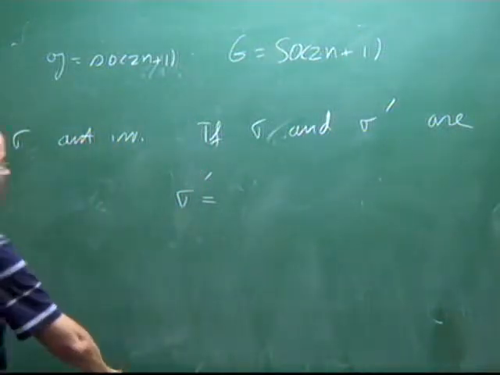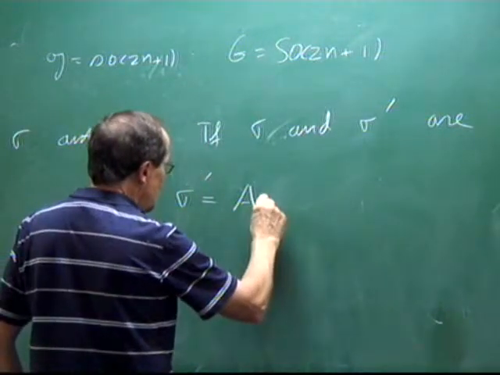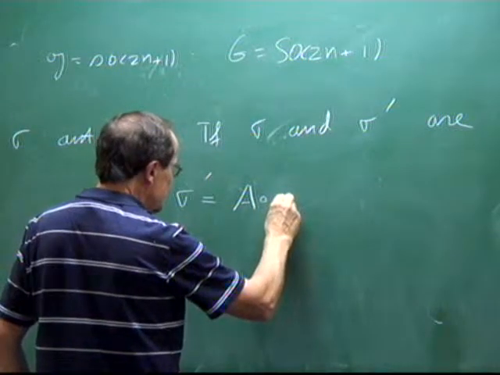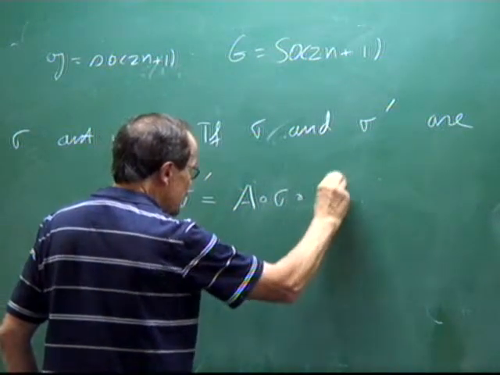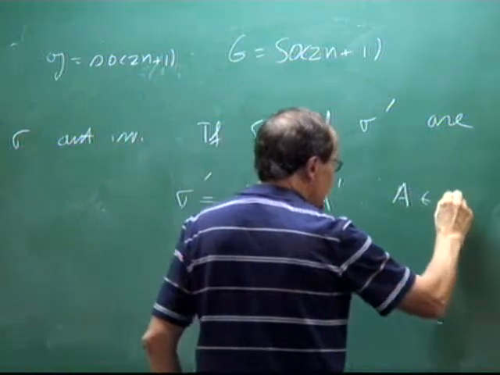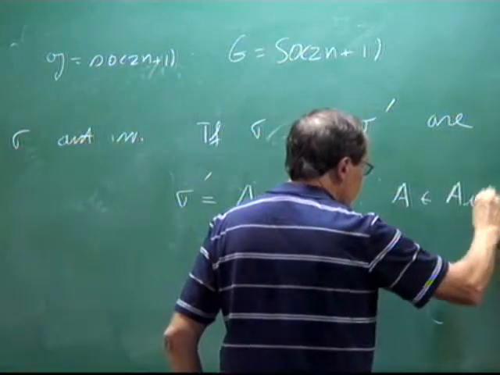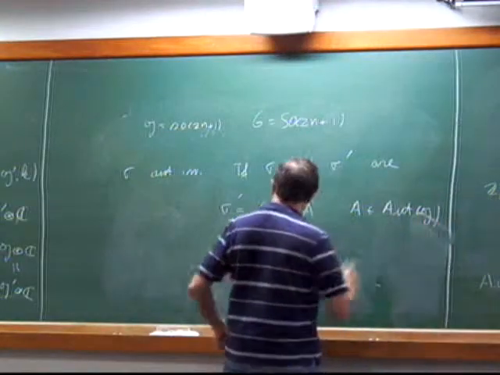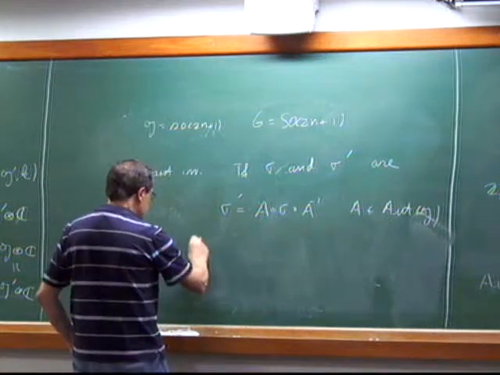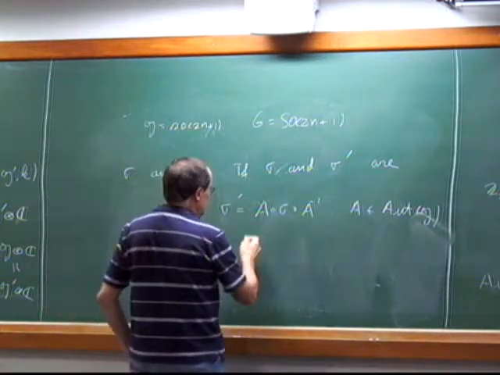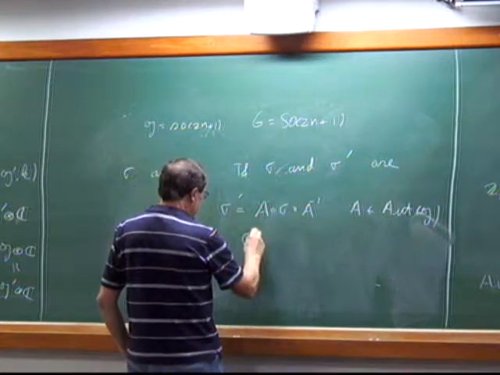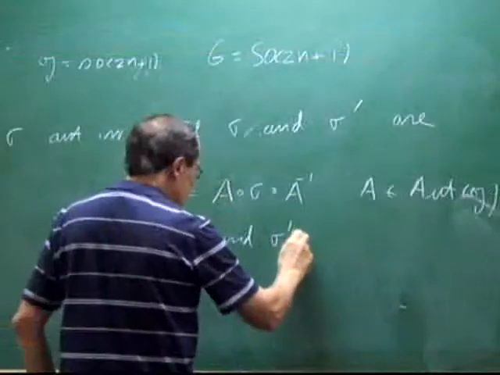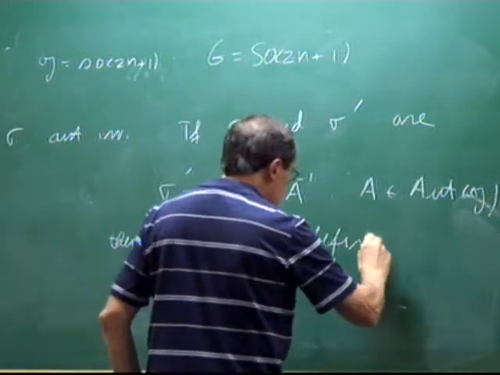So if sigma prime is A composed with sigma, composed with A inverse, where A is an automorphism of g, this is a general statement actually, then sigma and sigma prime define the same symmetric pair.